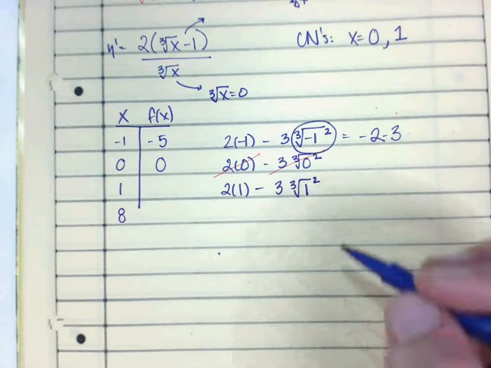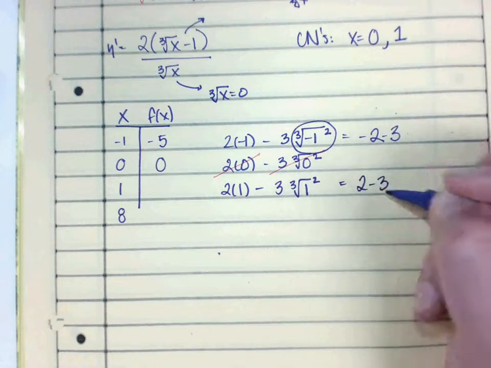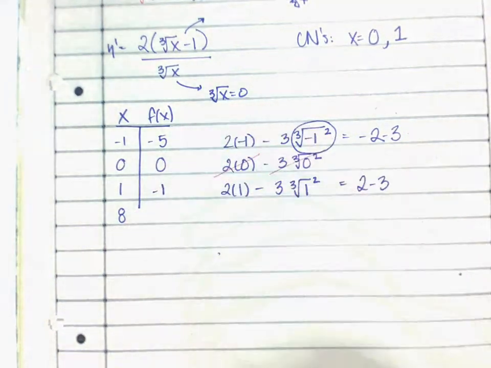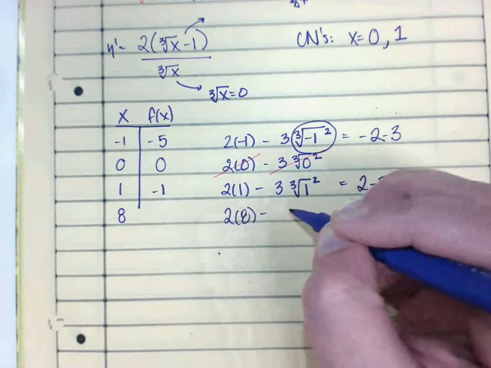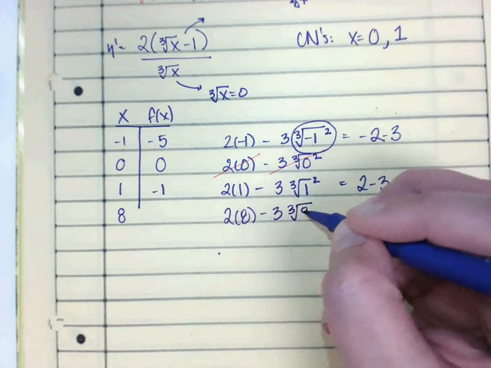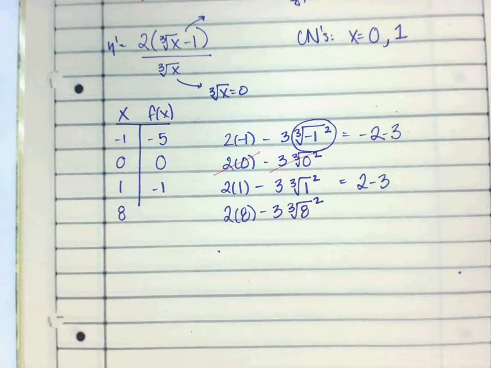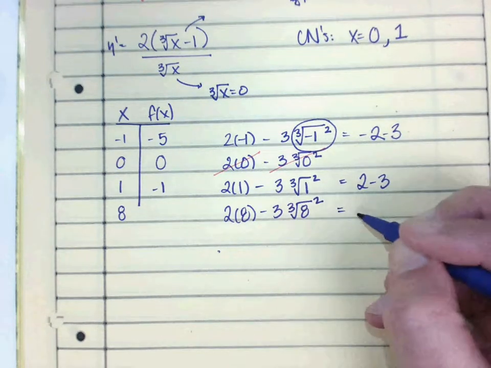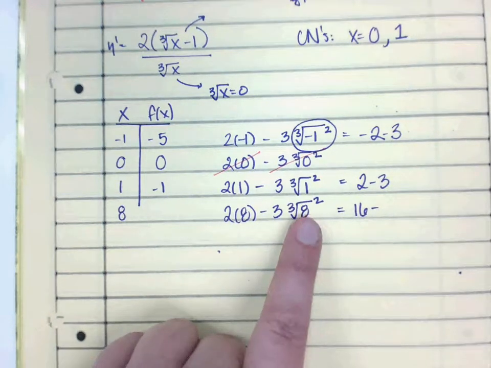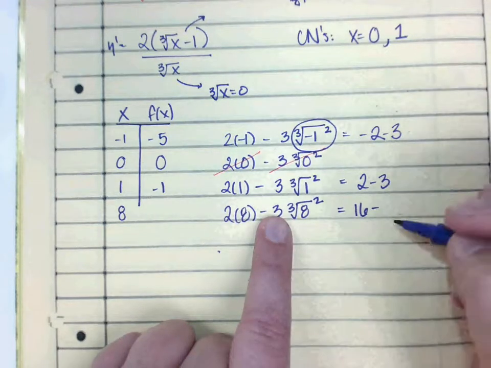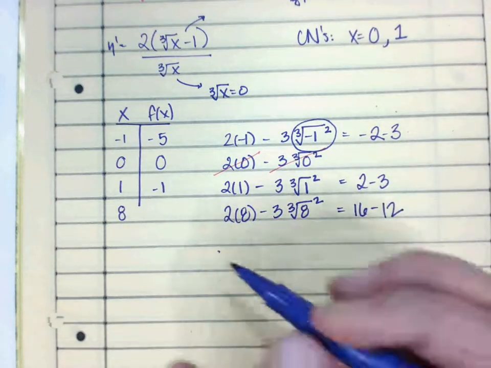That's really just 2 minus 3, and 2 minus 3 is negative 1. Last one left, 8. 2 times 8 minus 3 times cubic root of 8 squared. 2 times 8 is 16. Do the root first. What's the cubic root of 8? 2, then square it, 4. 4 times 3 is 12. 16 minus 12 is 4.